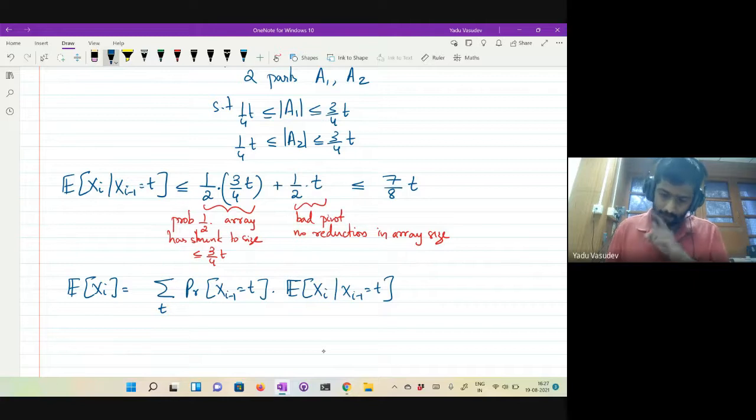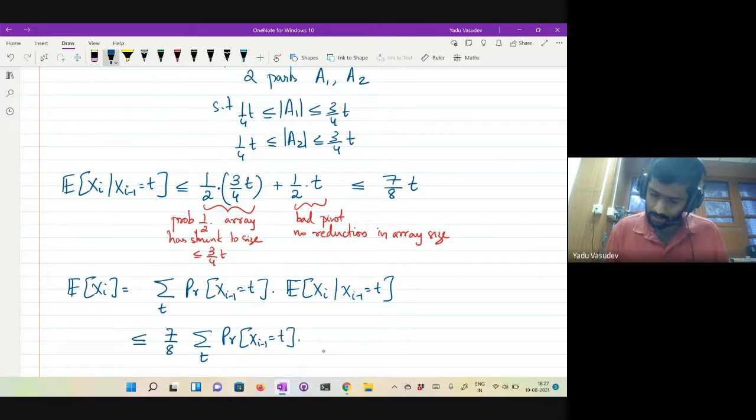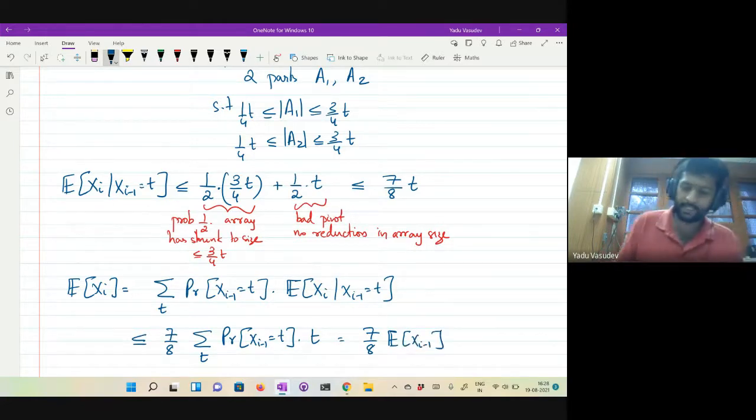This is at most 7/8 summation over t, probability that xi minus 1 is equal to t times t, right? And this is nothing but the expectation of xi minus 1. So the expectation of xi is at most 7/8 times the expectation of xi minus 1.